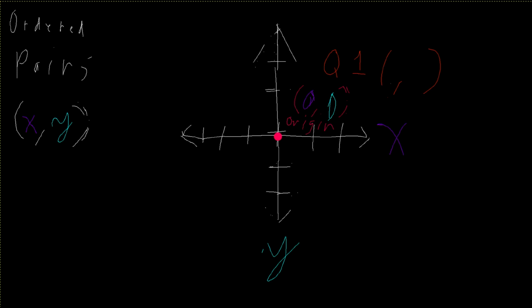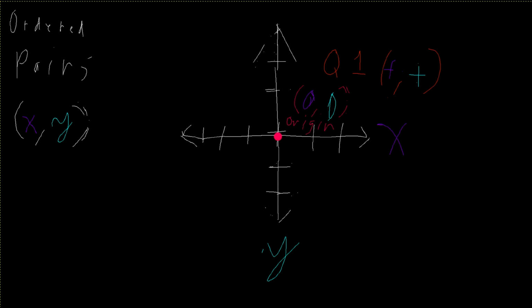The reason that is the case is because if we move to the right of the origin, starting right here, I'm only moving towards positive values. If I move up, I'm also only moving towards positive values. So for quadrant 1, you're going to have a positive x coordinate and a positive y coordinate.